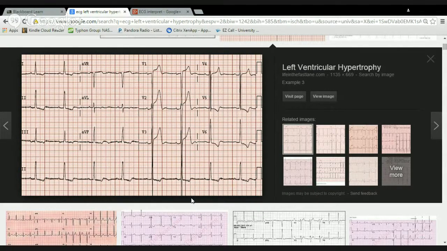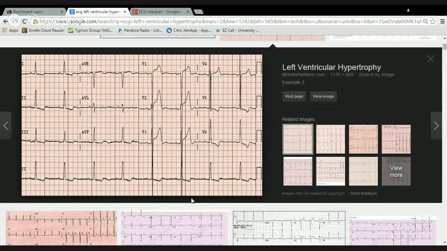Then looking at ST elevation, you can see that there is elevation in V1, V2, V3, V4. And this tells me that there is injury to the anterior septal and anterior lateral, which is the LAD, and possible circumflex. There's also T wave inversion in V6. I did not state that before.